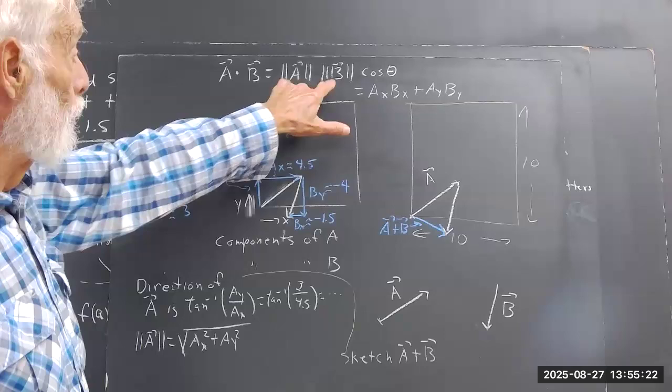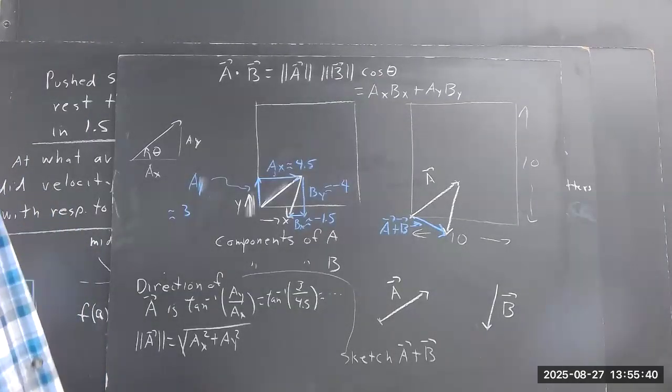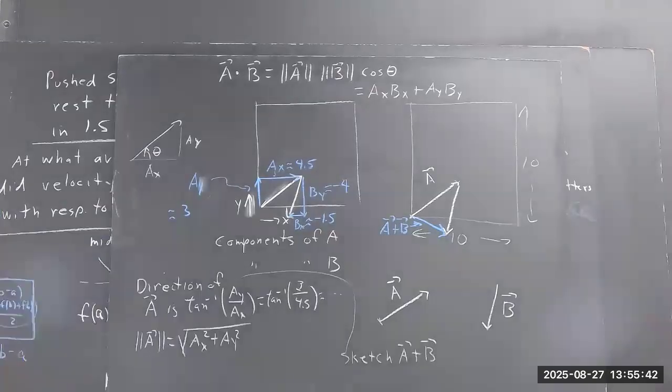If you know, the only thing you don't know is cosine theta, and then take the inverse cosine and get the angle.